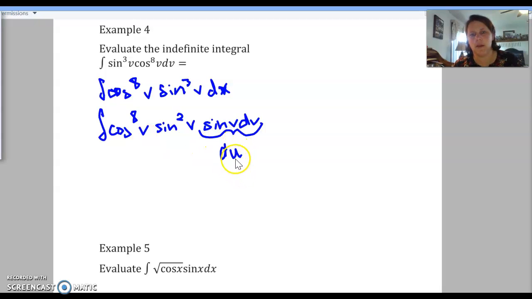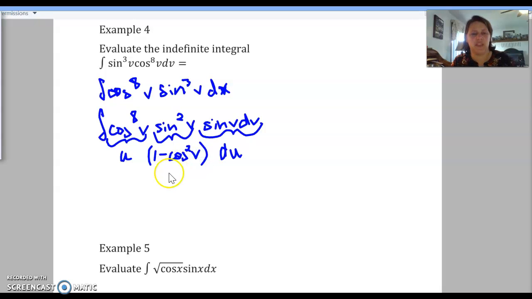I want this to be du, so therefore a cosine would have to be a u. And then the sine squared v, we could rewrite to be 1 minus cosine squared v. Okay, so I'm going to rewrite one more time to include my substitutions.